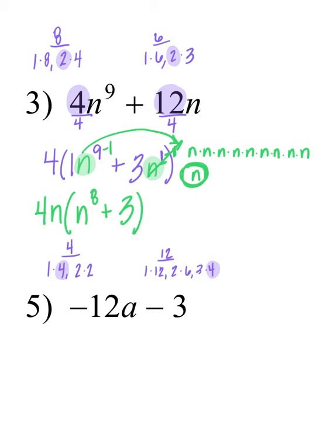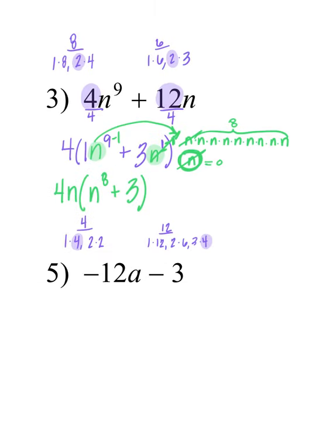So when I take 1 away, and I can count here, I can see that I have 8, and here I have 0. So I have 4 times n to the 8th plus 3. Okay, so we need to do this in steps because it's going to help us work with the numbers first and then the letters.